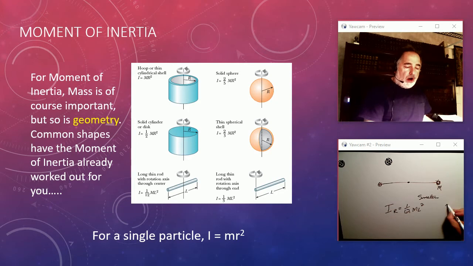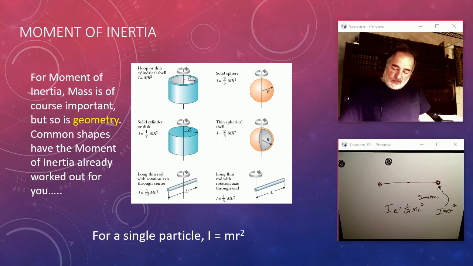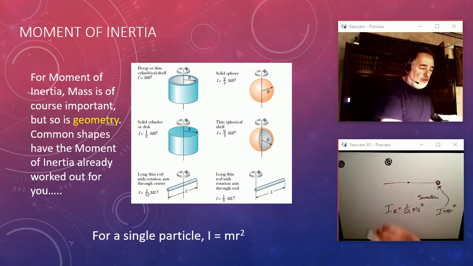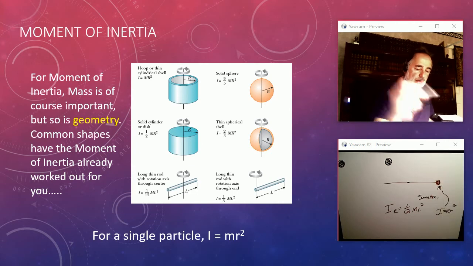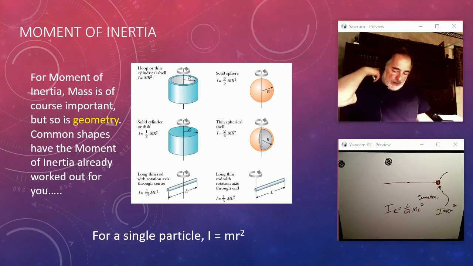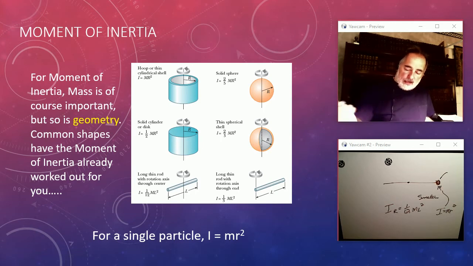The ball we're going to model as a particle, mr squared. So let's just do it for one ball here to make it easier. One ball here, and that ball is 2 kilograms.